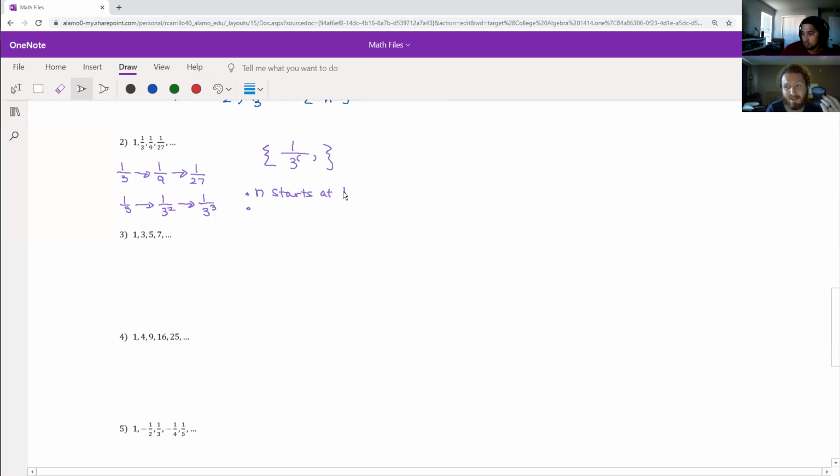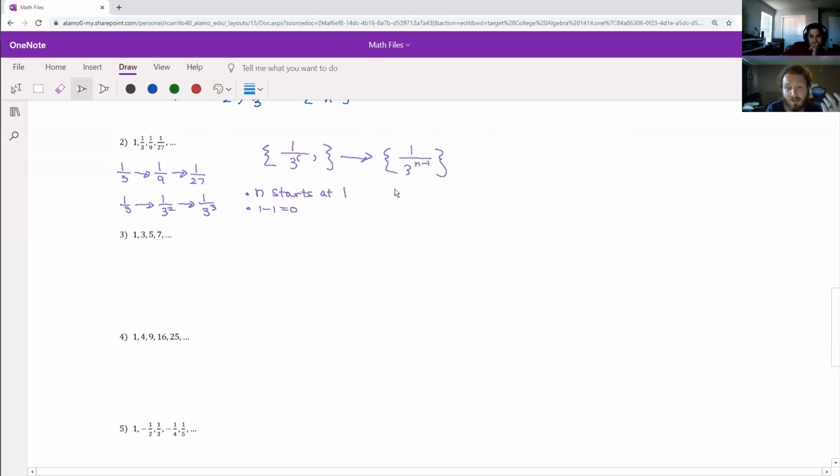So if my n starts at 1, then I want to think, what minus 1 equals 0? Just 1 minus 1 equals 0. So I want to replace one of these with an n. This gives me that my sequence will be 1/3 raised to the n minus 1 power.